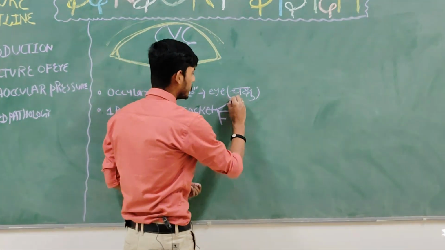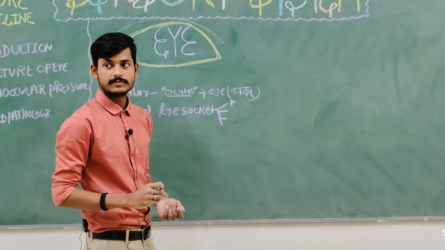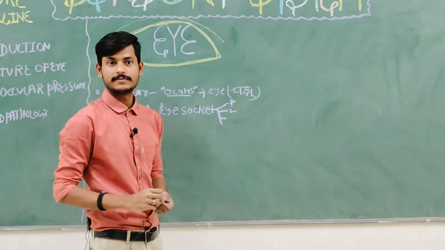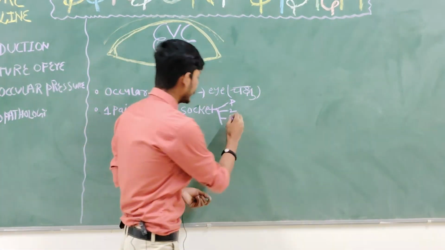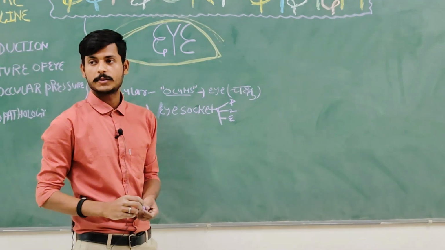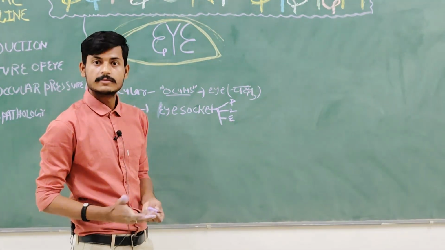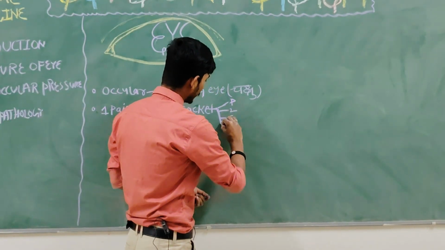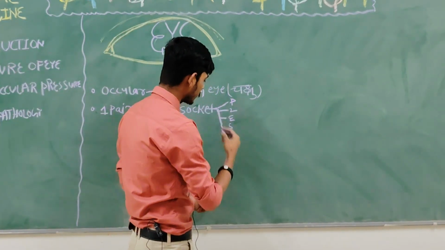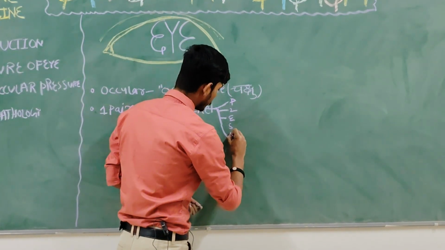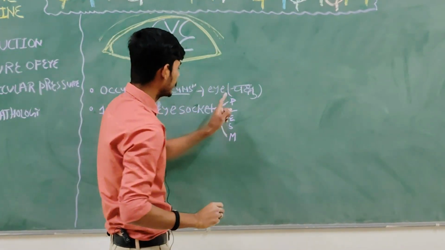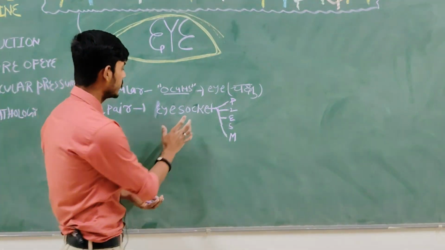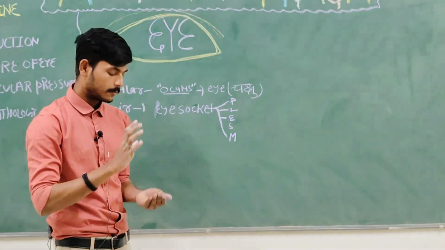Very good: the parietal bone, then the zygomatic bone, then the ethmoid bone, the sphenoid bone, and the upper one, the maxilla. They form the eye socket, or basically we call it the cavity of the eye.